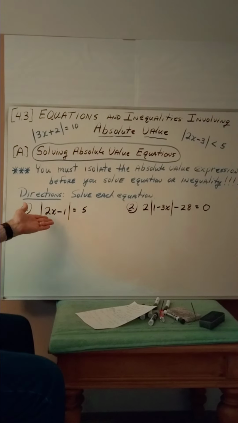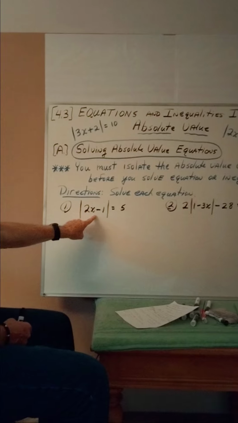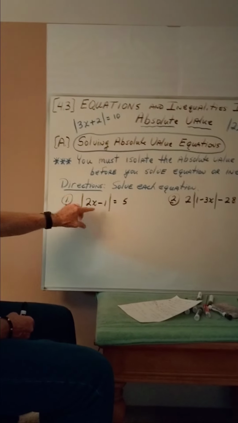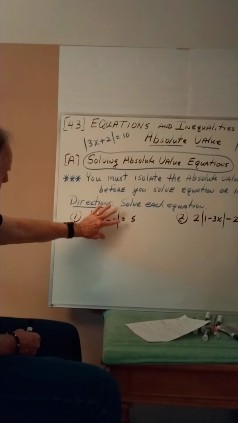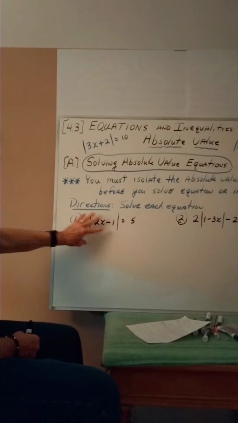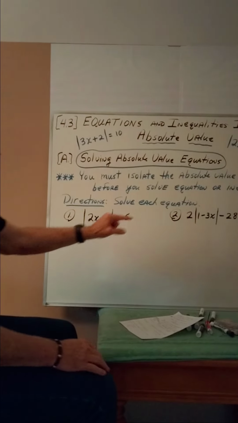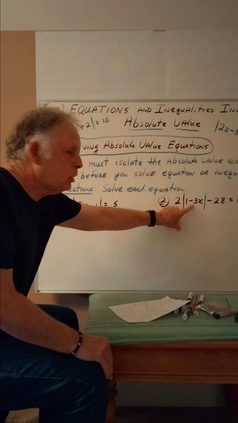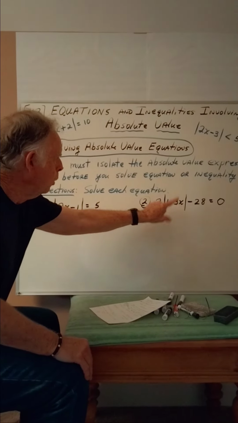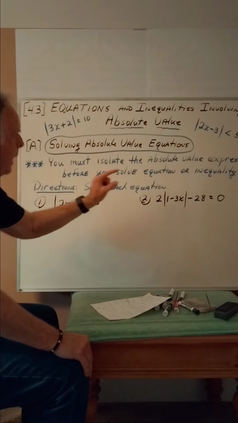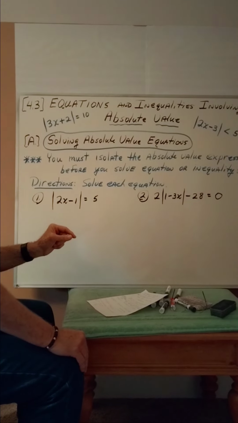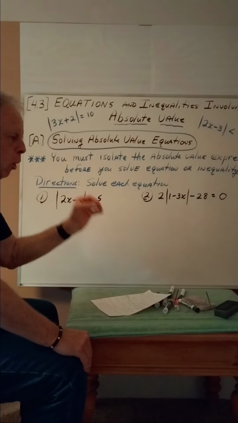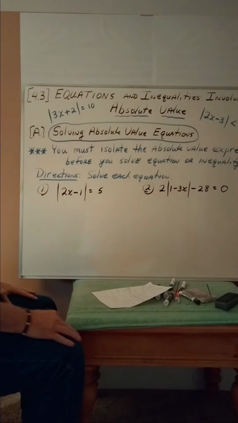Now, looking at number 1, the absolute value of 2x minus 1, it does not have any other interference on its side. It's isolated. Whereas when we come to number 2, this absolute value expression is not isolated. We're going to have to get rid of the negative 28, and we're going to have to get rid of that positive 2 before we can actually begin to solve it.